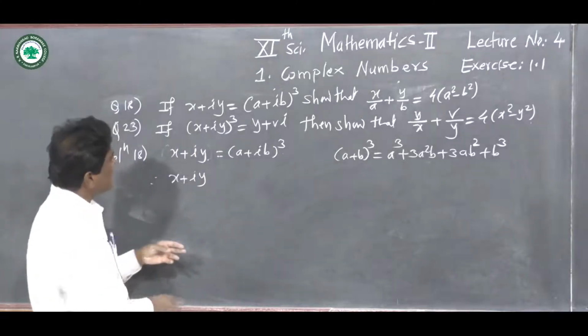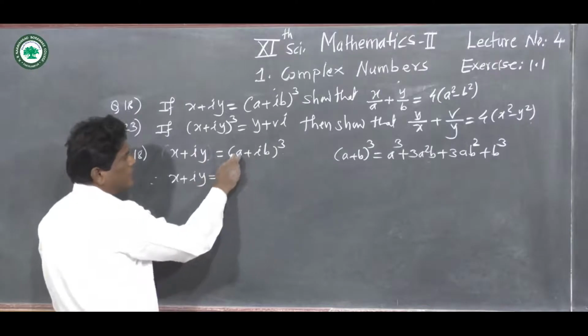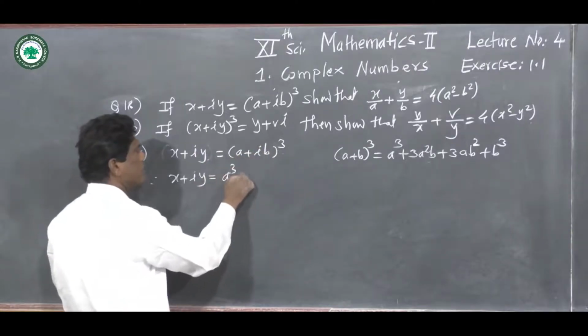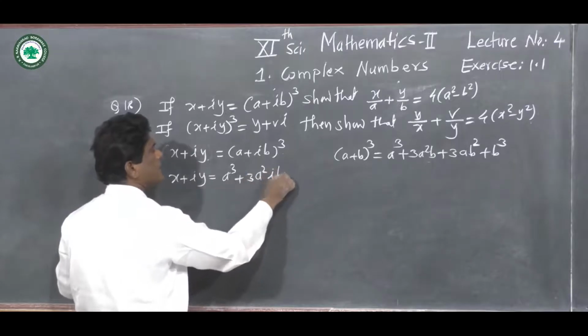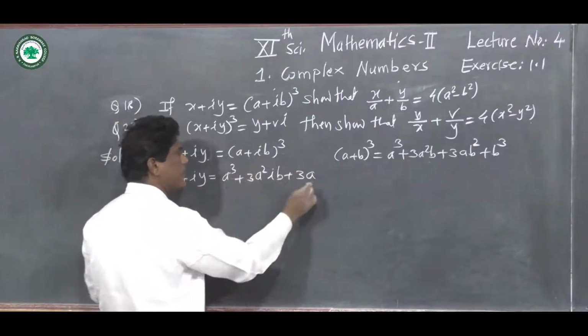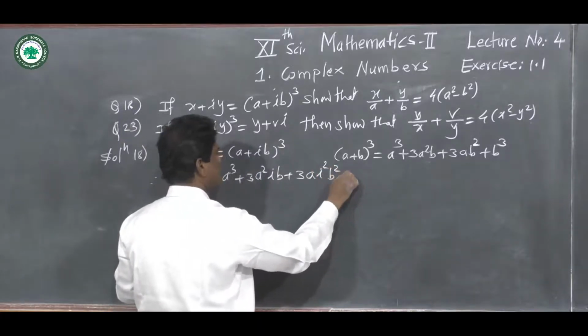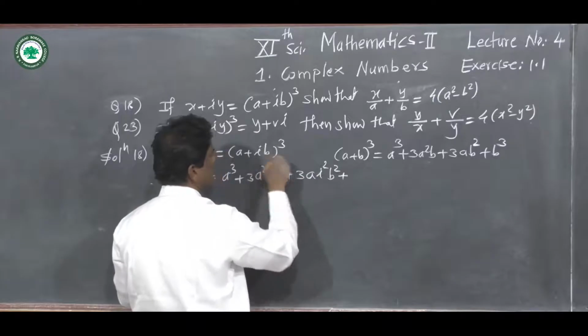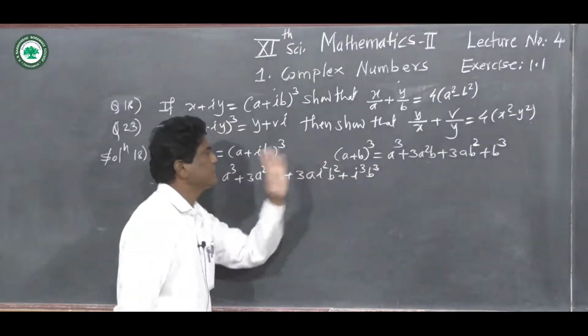So x + iy is equal to a^3 + 3a^2(ib) + 3a(ib)^2, that is i^2 b^2, and plus (ib)^3, so i^3 b^3. We use this formula.